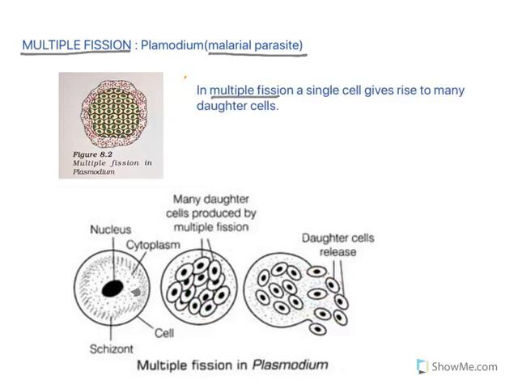So in multiple fission, a single cell gives rise to many daughter cells, unlike binary fission in amoeba and Leishmania, where a single cell gives rise to just two daughter cells.